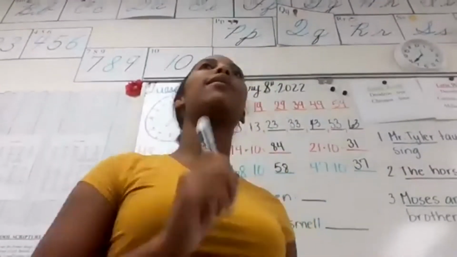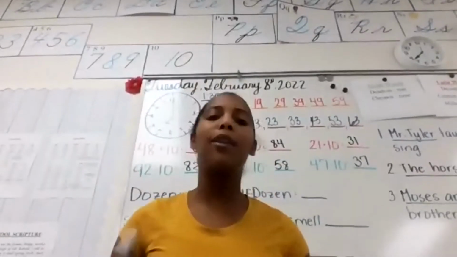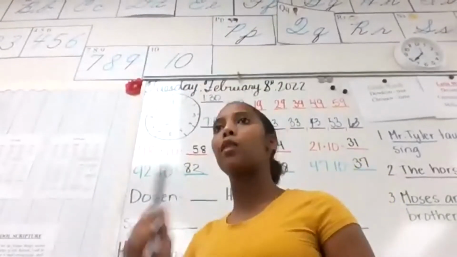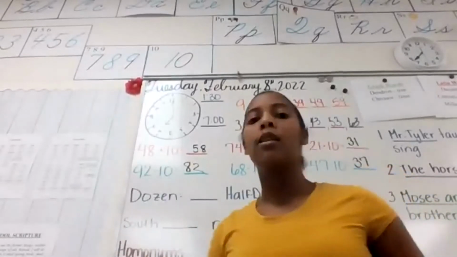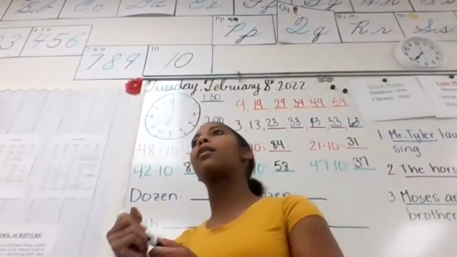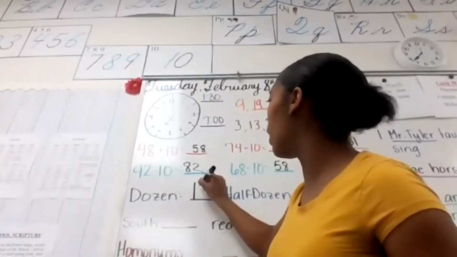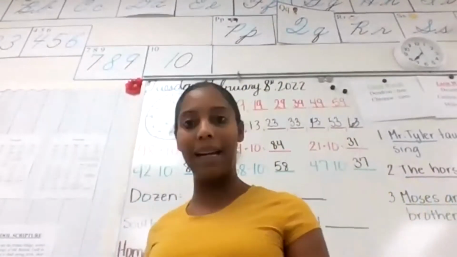If you remember when we talked about pairs, we said a pair is a total of 2. So dozen is one of those words like pair. Dozen means a certain number. Instead of saying the number, you would say the word dozen. So when someone says, I want a dozen eggs, or a dozen cupcakes, that's a total of 12. 12 means a dozen.